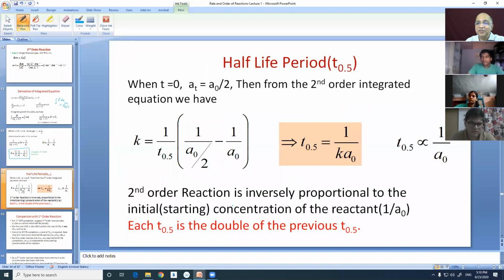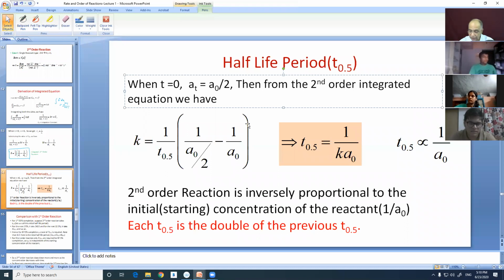Then the half-life period. When at is equal to a0 by 2, t will be equal to the half-life. I'm sorry, here I have made a horrible mistake. t is equal to t 1/2 or t half.